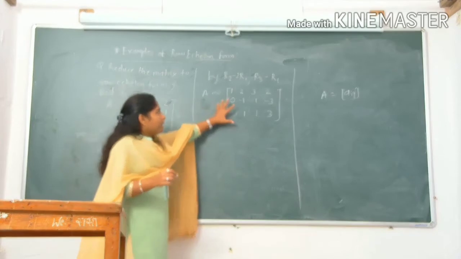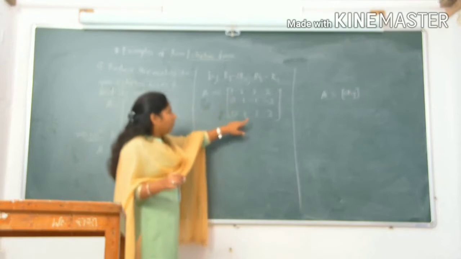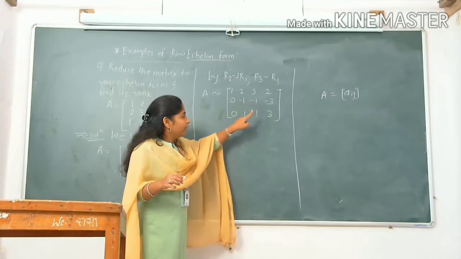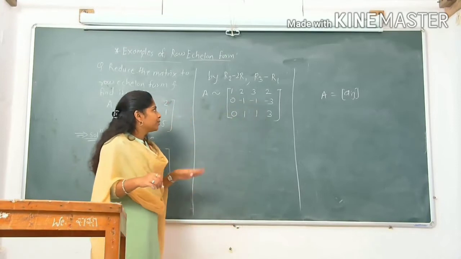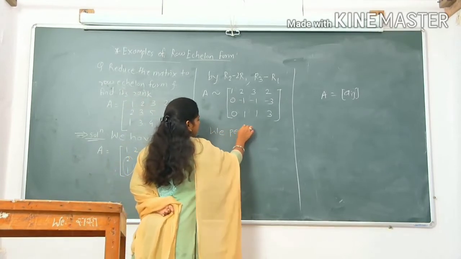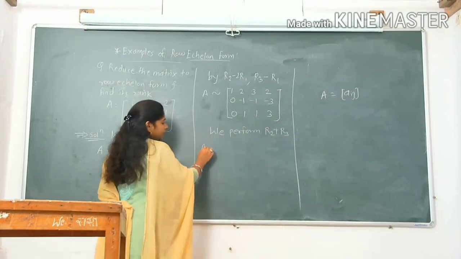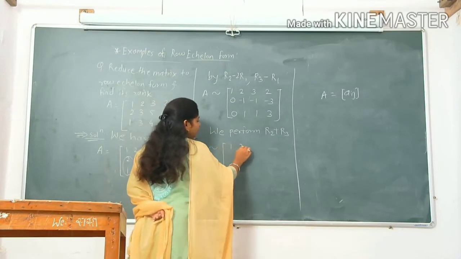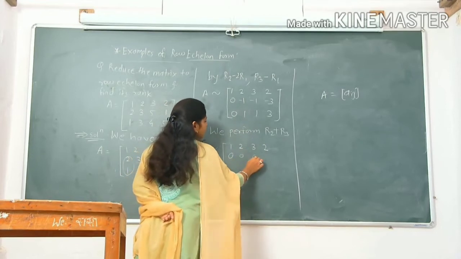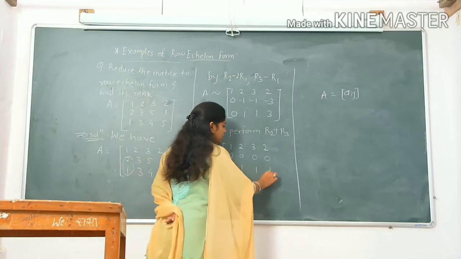Now, by performing either R2 plus R3 or R3 plus R2, we can get either R2 equal to 0 or R3 equal to 0. So, we perform R2 plus R3. Then you get A is similar to 1, 2, 3, 2, 0, minus 1 plus 1 is 0, minus 1 plus 1 is 0, minus 3 plus 3 is 0, in the third row as it is.